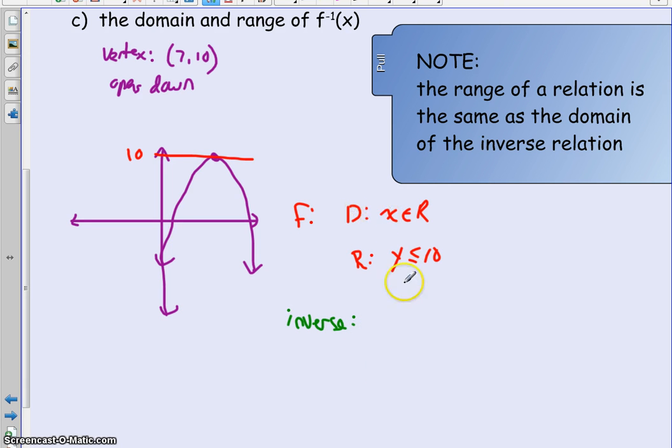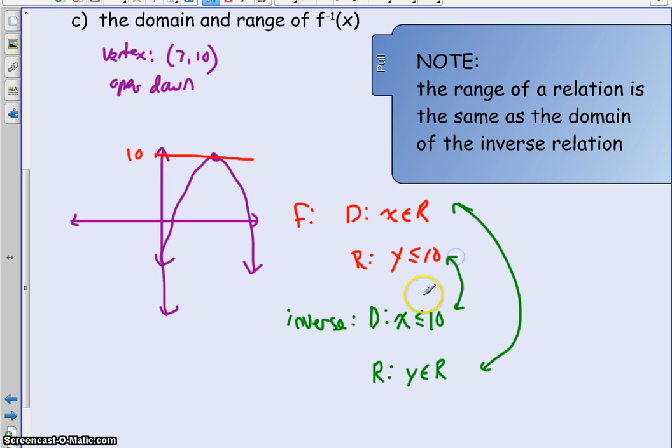The domain of my function should be the range of my inverse, so my range will be y an element of the real numbers, and my domain will be x less than or equal to 10. So again, I never needed to find the equation of the inverse. I just used the domain and range of my original function to find the domain and range of the inverse.